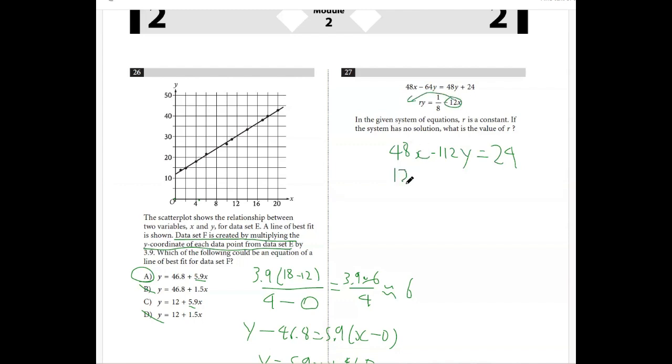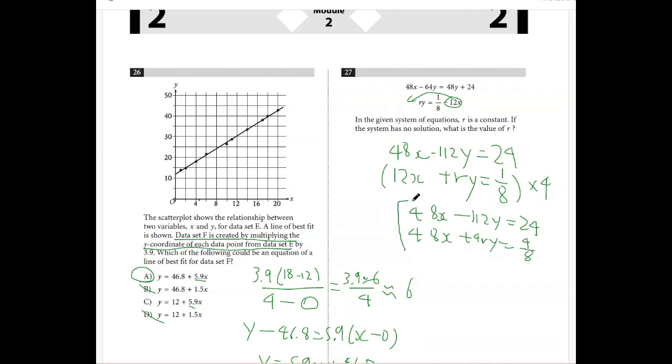So 12x plus ry is equal to 1 over 8. I want to go ahead and multiply all of this by 4. So 48x minus 112y is equal to 24. Keep that. 48x plus 4ry is equal to 4 over 8.